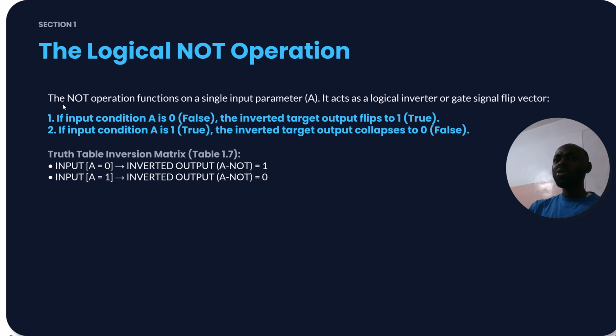We only need one input. We don't need two, unlike the AND and the OR, which require two different states so that you can execute them together to form an outcome. Very good.